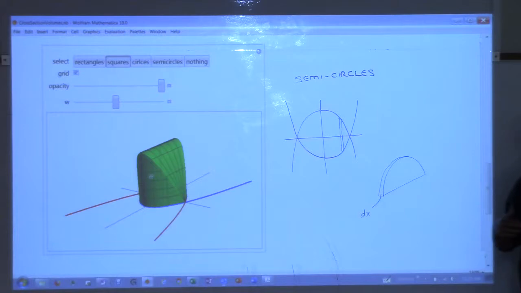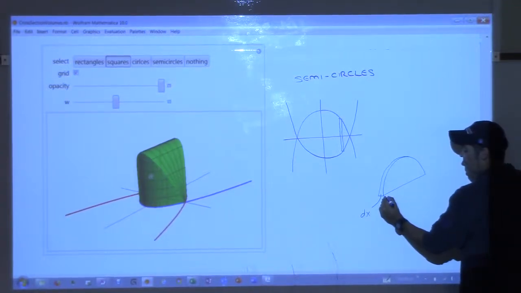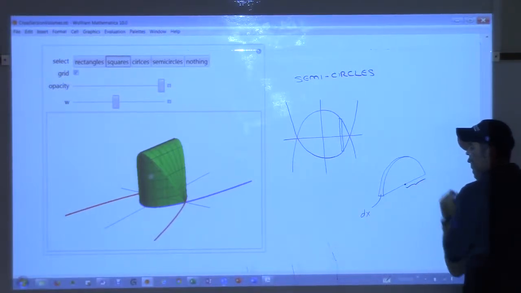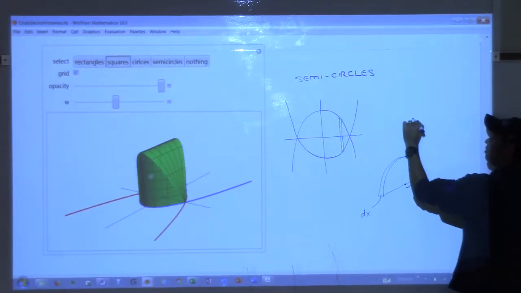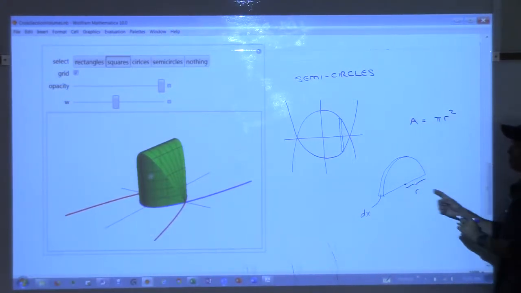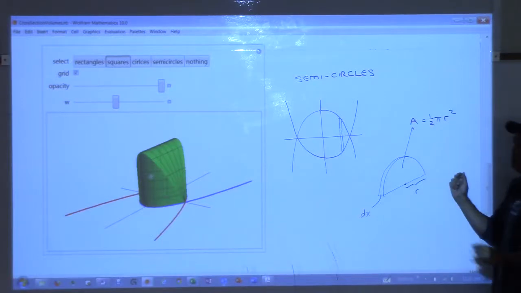So we just need right now the formula that gives us the area of that semicircle, right? So I'd like to know that distance because that's the radius, right? And we know that the area of a circle is pi r squared. But we actually only want half the circle, don't we? So we know the area of this front face right there is going to be half of pi r squared.